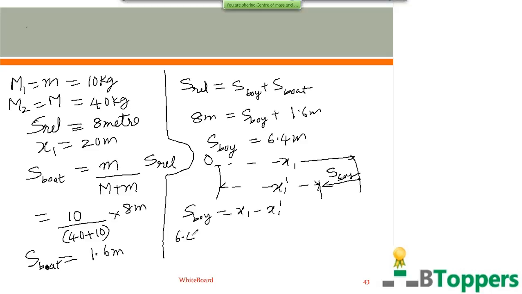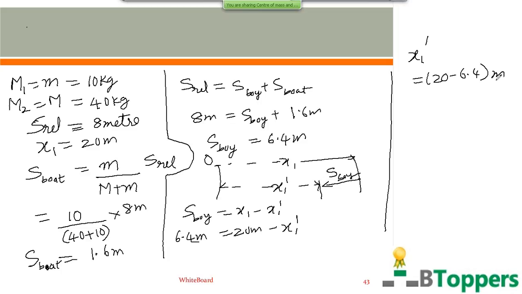That is, 6.4 meters equals 20 meters minus x1 dash. So x1 dash, the new distance of the boy from the shore, will be equal to 20 minus 6.4 meters, which comes out to 13.6 meters. This is the answer.